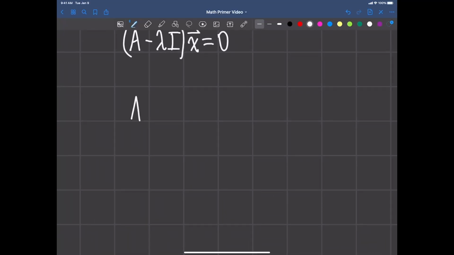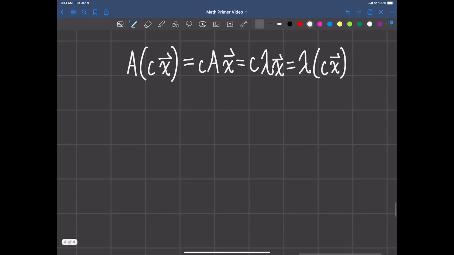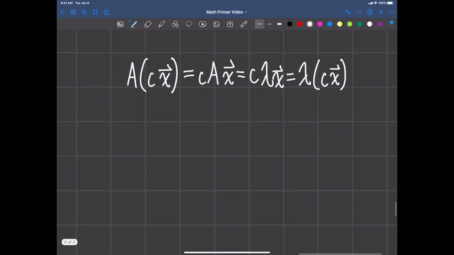So let's write this out so it's a bit more understandable. So the multiple is also an eigenvector by definition.